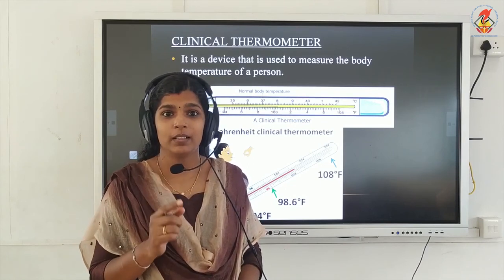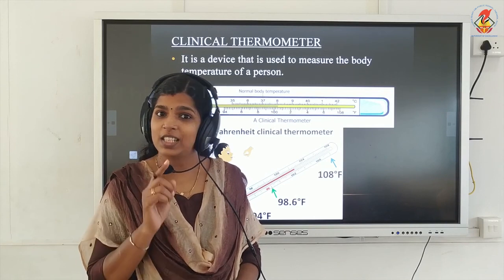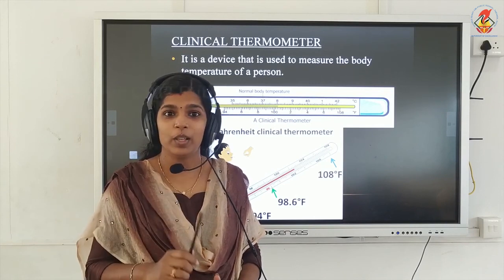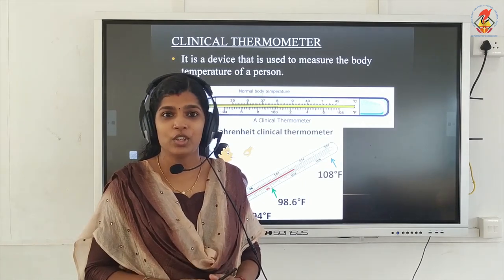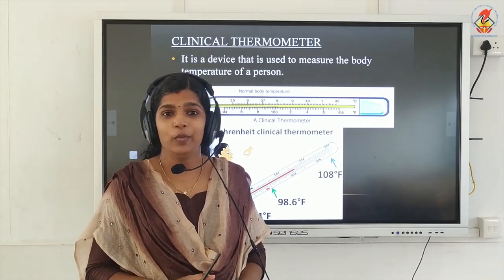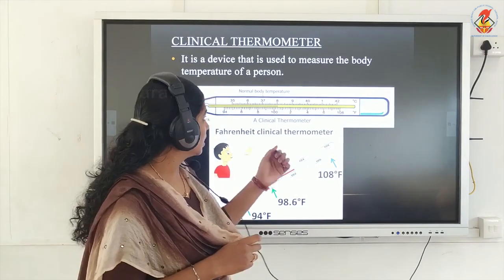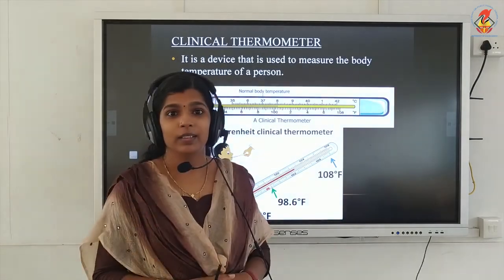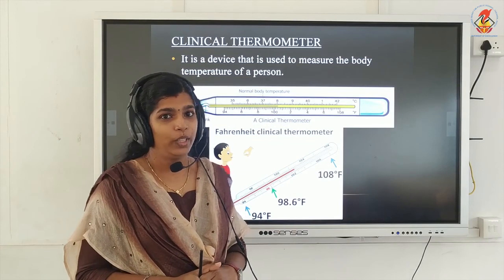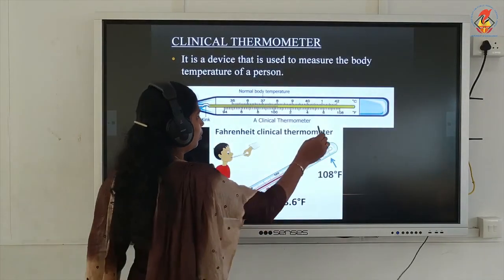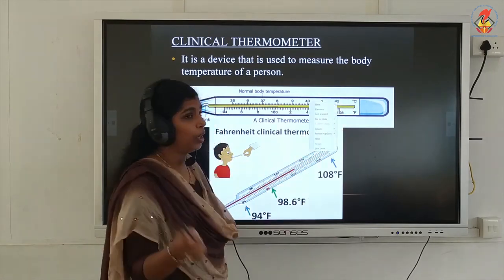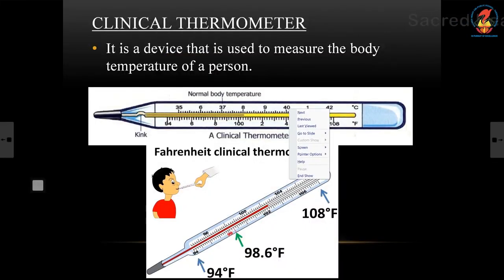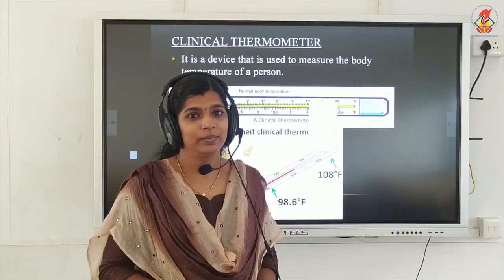Water boils at 100 degrees Celsius. So, can we measure the temperature of boiling water with the help of this clinical thermometer? No. It can measure only up to 42 degrees Celsius. Beyond 42 degrees Celsius, we can't measure using a clinical thermometer.